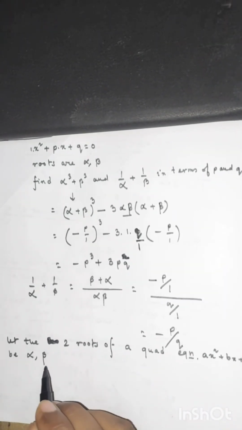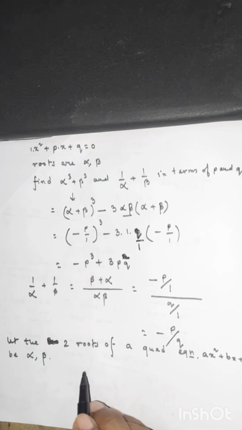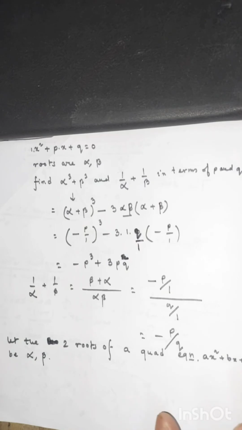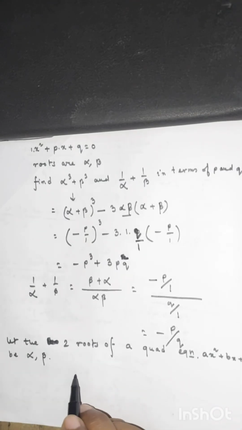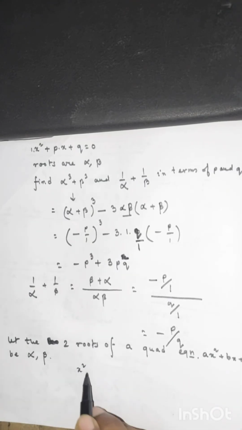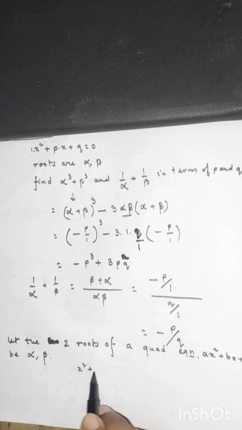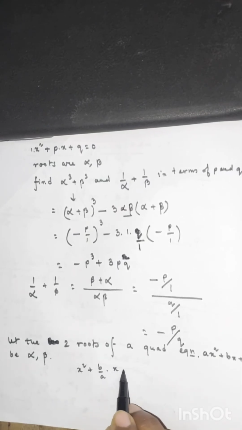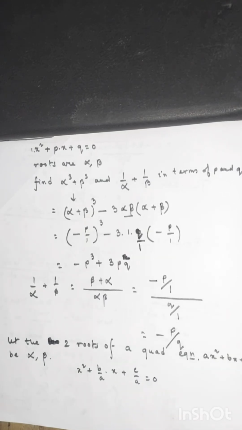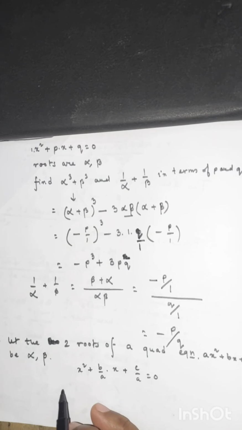Now let us divide both sides of the quadratic equation by a. So we get x square plus b by a into x plus c by a equal to 0.